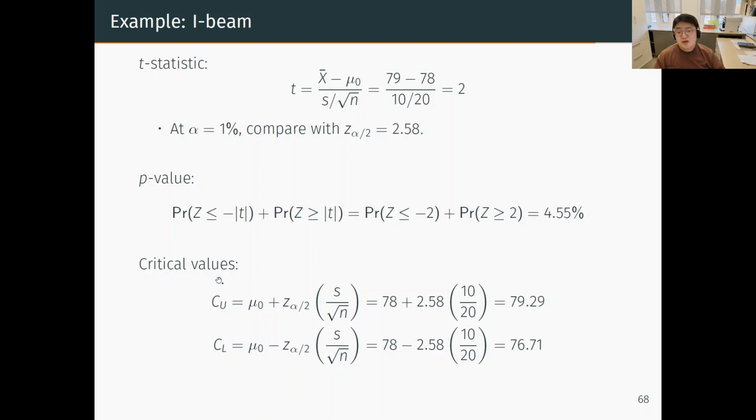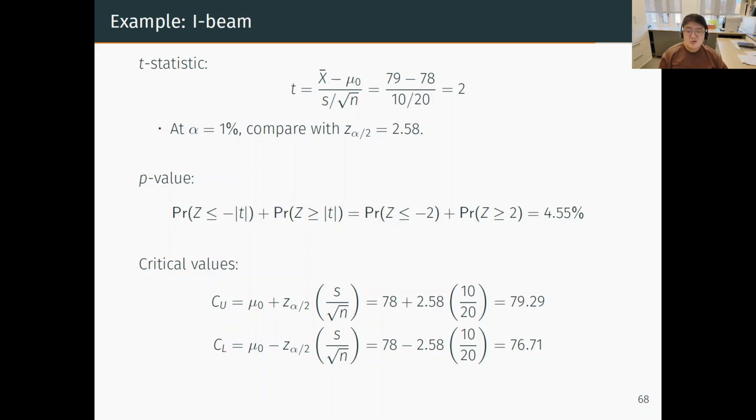Similarly, critical values are up to 79.29, but our X bar is 79. Our sample average is smaller than the upper limit, so you cannot reject. So either way, you cannot reject the null hypothesis. Okay, that's the same result.